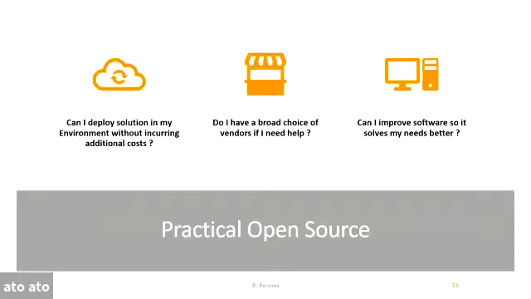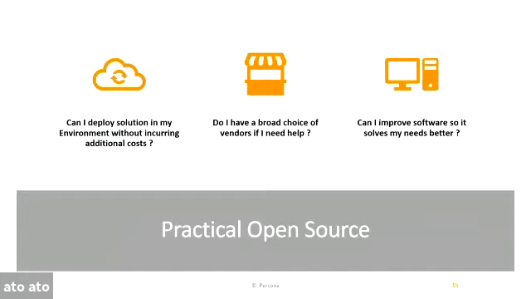So I wanted to highlight what I think is important for you when you are choosing a project and a vendor in an open source scenario, right, from a practical standpoint, beyond the license terms and so on and so forth. The first one with open source is free as in beer.